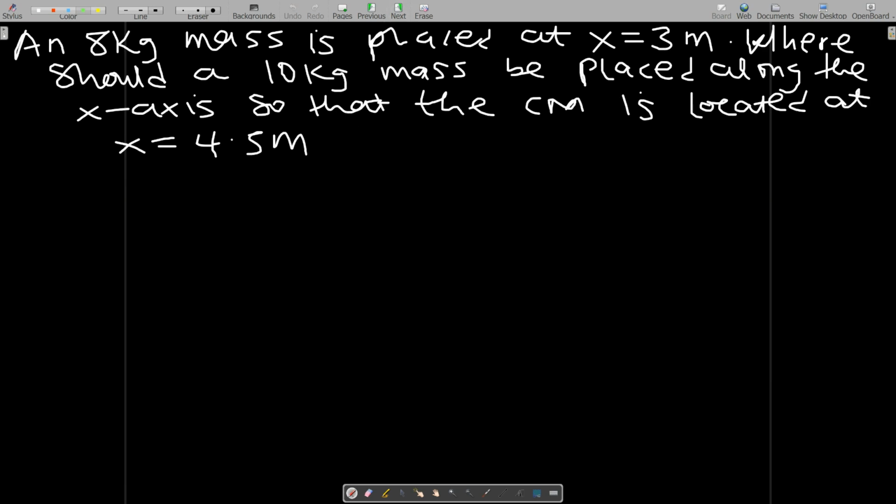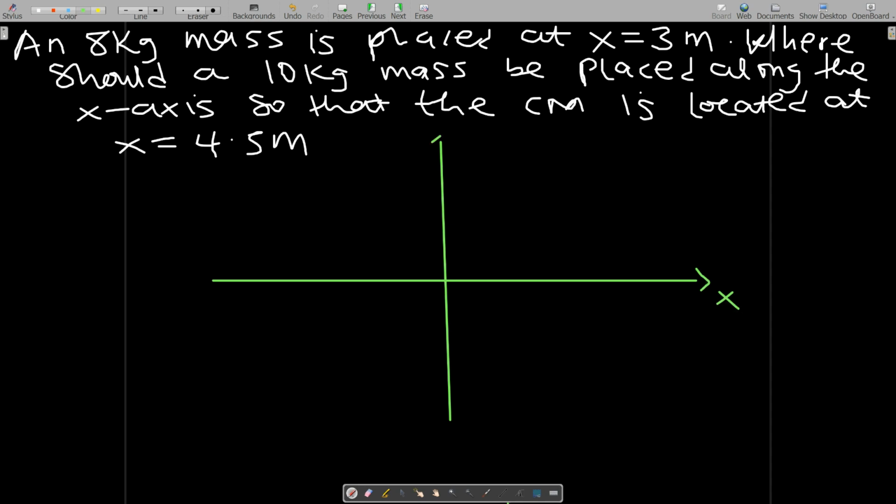Now, an 8 kilogram mass is placed at x equals 3 meters. Okay, where should a 10 kilogram mass be placed along the x-axis so that the center of mass is located at x equals 4.5? Okay, so here, this is with the help of the Cartesian plane. So if I have this being my Cartesian plane, okay, this is my x-axis, this is my y-axis.